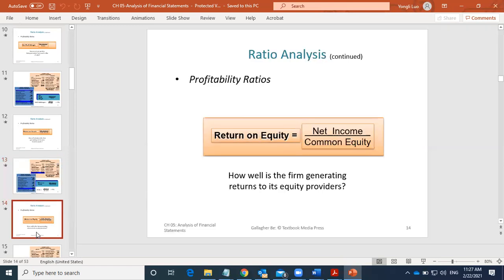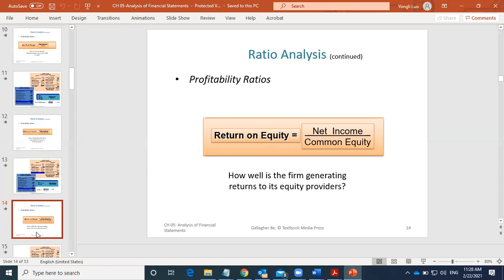And return on equity. Return on equity is really, really important because this is net income divided by your common equity. The company typically has money invested by the owners or stockholders. We only count those investments as the net asset.